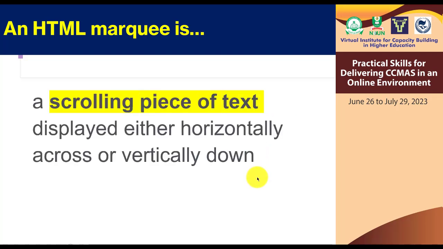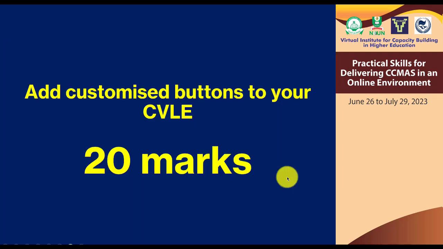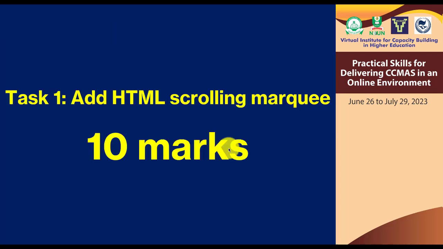It's a scrolling piece of text that is displayed either horizontally or vertically on our web page. The second task is to add customized buttons to the class virtual learning environment. This will take 20 marks. So let's go to the first one, to add the HTML scrolling marquee, which will earn us 10 marks.